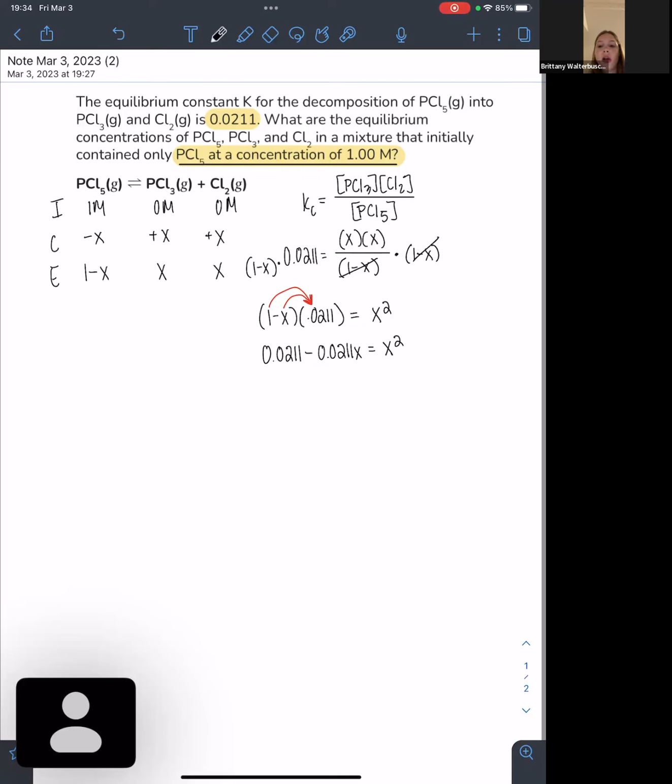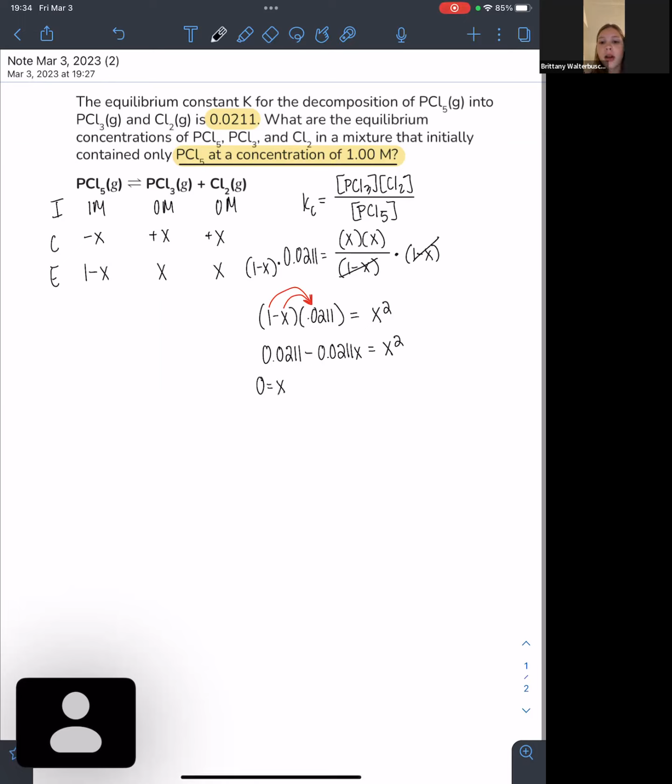Now we have to get all of those variables on one side, because in order to use the quadratic formula, which we're going to have to use, we have to have all our variables on one side and equal to 0. So just to keep this x squared positive, I'm going to move all the other variables from the left side over to the right side. So I'm going to have 0 equals my x squared.